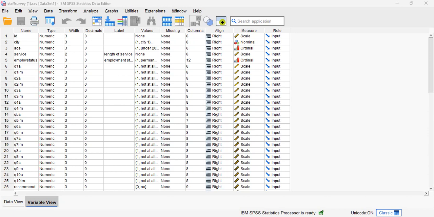Looking at this, it makes it very easy to see that your under 20 age group has the lowest staff satisfaction. There's also the biggest range in scores, which means your employees under the age of 20 are either extremely dissatisfied or about average with their satisfaction in their employment.